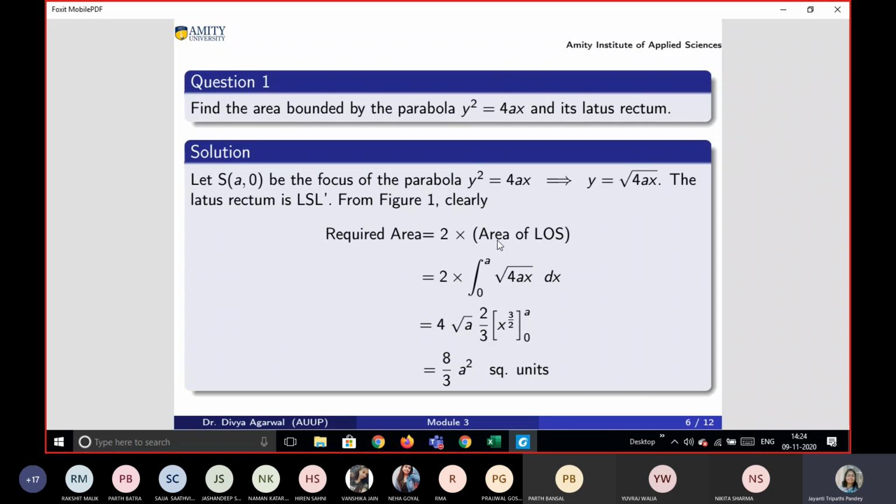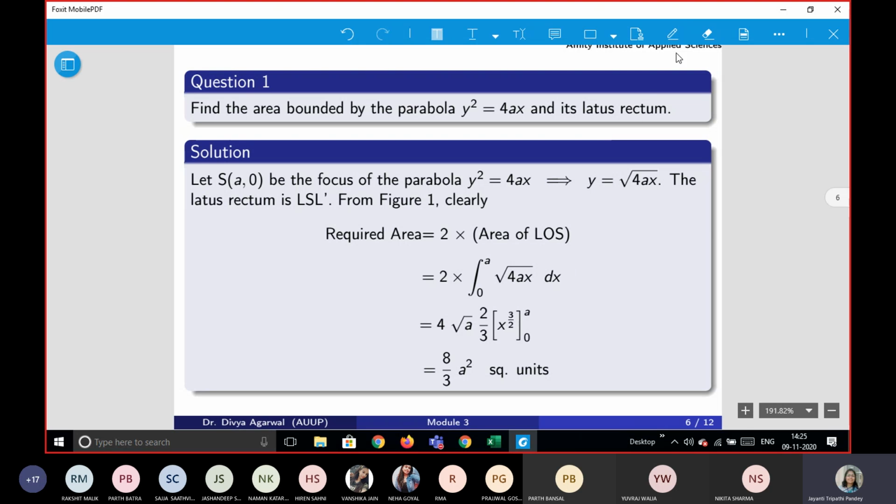Now first question. See, these are the things that you have done in 12th, so you need to remember all these things. If you don't remember that the line passes through the focus and is perpendicular to the axis of the parabola, you will not be able to do it. Is this okay? Once you know the line is something like this, and if this is the focus, then you know that this area and this area are the same.